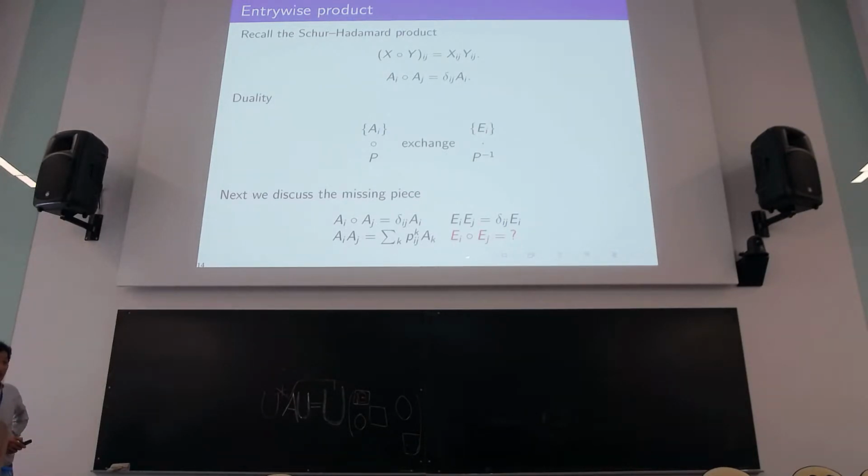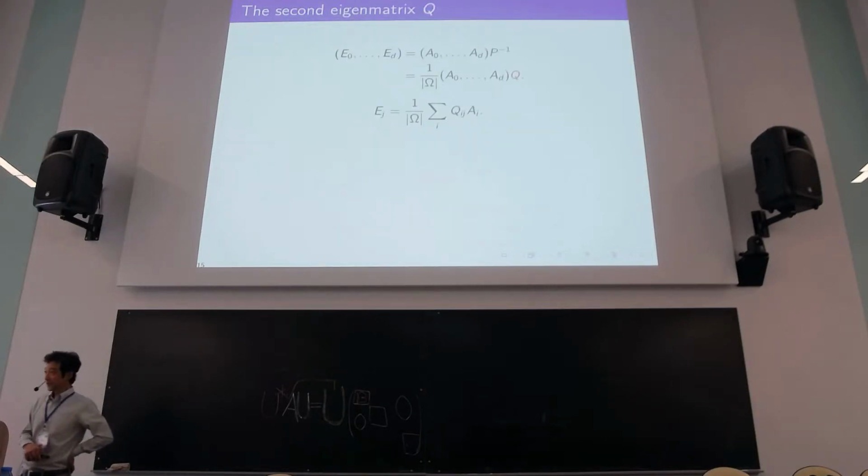It should be expressible in terms of primitive idempotents again, because they form a basis, and this is again an element of the adjacency algebra, because the adjacency algebra is closed under the Schur-Hadamard product because of this property. So there must be some constants, just like p_ij^k, which express this Schur-Hadamard product of primitive idempotents. That is called the Krein parameters.